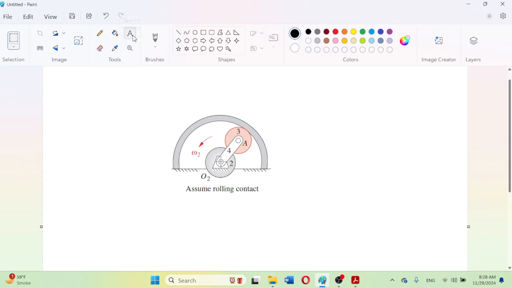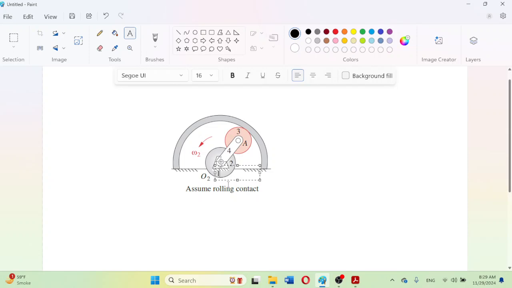that I can just type here, for example. The first instant center will be between the ground and link number 2.